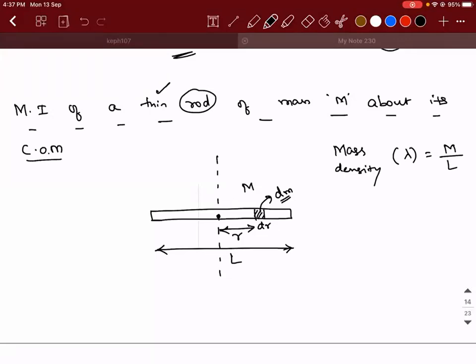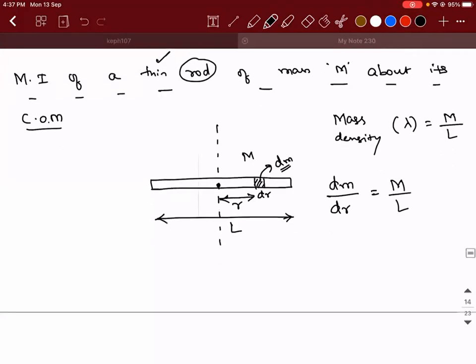How is dm defined? I told you dm divided by dr is equal to capital M divided by L. Why is it so? Because when it is uniform, the amount of mass distributed over a unit length is always a constant. So dm by dr is equal to M by L, then dm will be equal to M by L into dr. Accepted? A little bit of mathematical expressions. Is that clear? Let this be equation number 1.